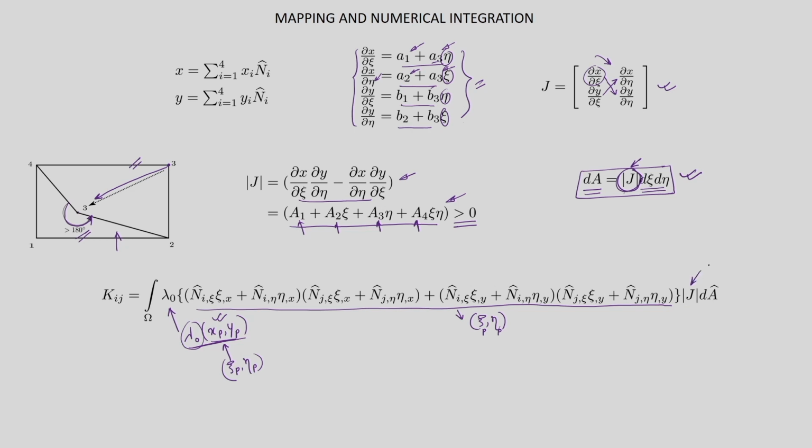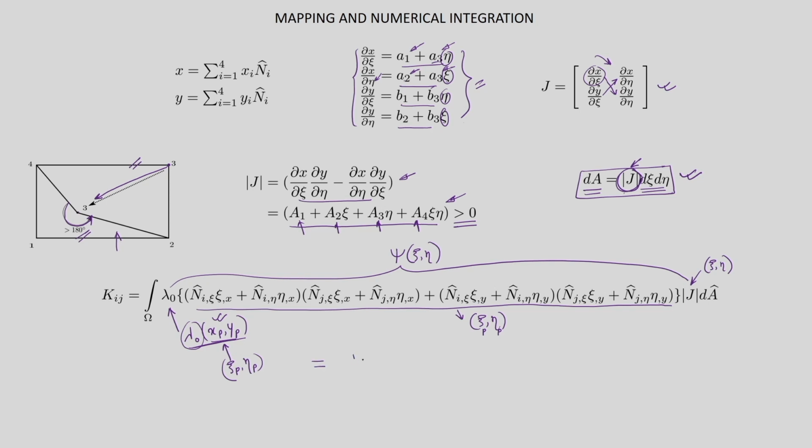Similarly, J has already been calculated as a function of xi and eta. So, the whole integrand can now be evaluated at a certain point in the master element. I will define this integrand as psi, which is a function of xi and eta.